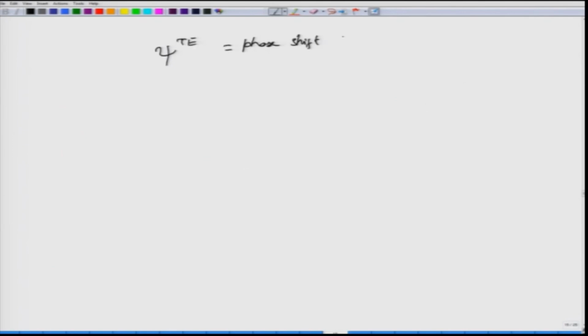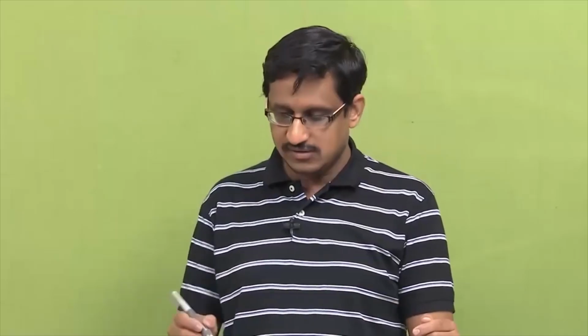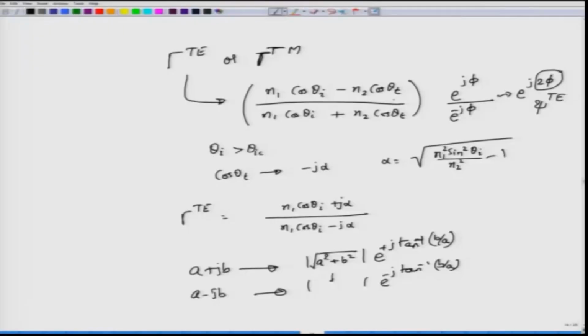So, when total internal reflection happens, it reflects all of the light back into the first medium. There is an evanescent wave in the other medium of course, but the reflected light would undergo a certain phase shift, which of course is dependent on the value of theta I and the value of alpha.